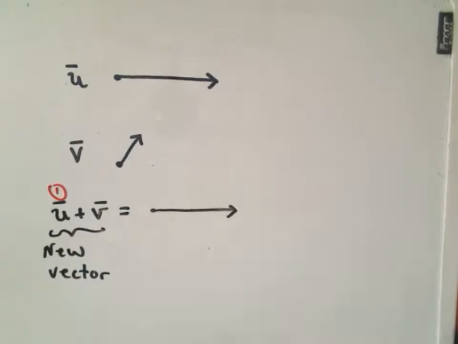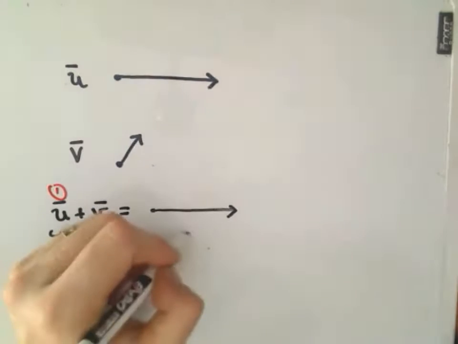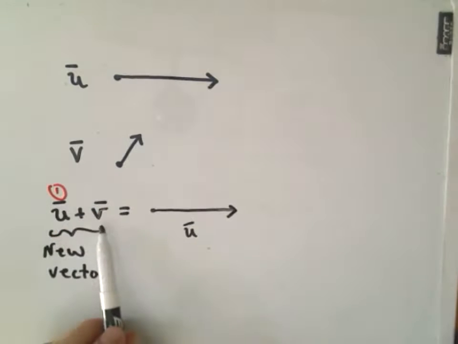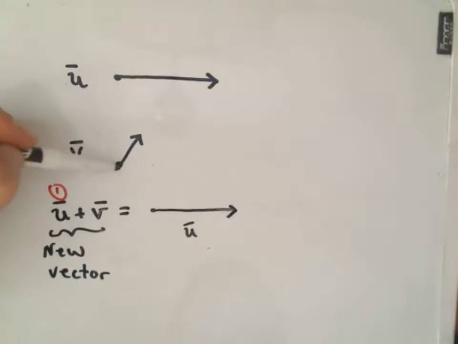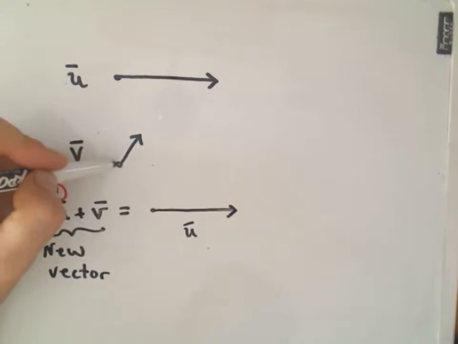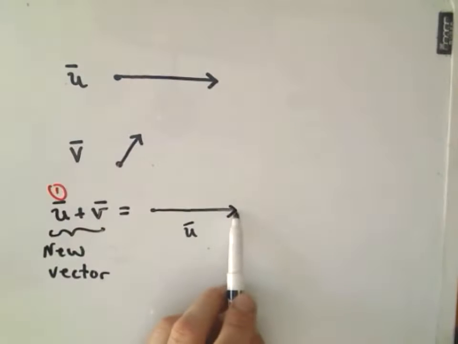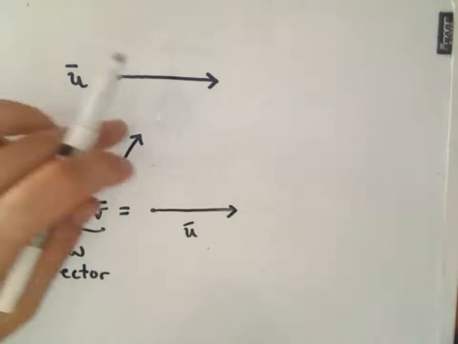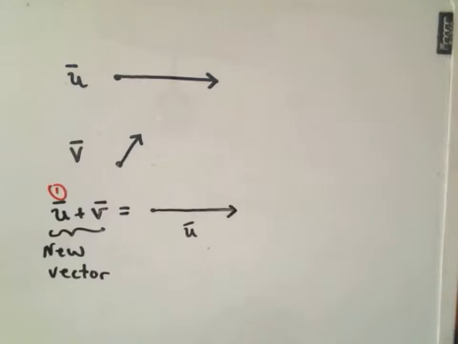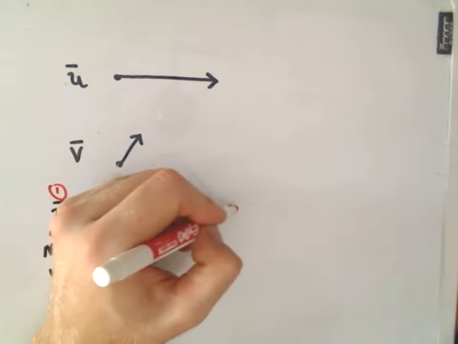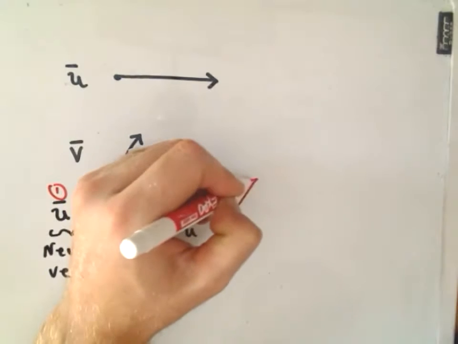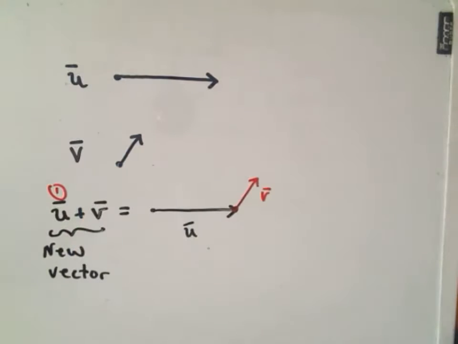Okay, so again, forgive my poor artistry. So here's vector u. Now what we're going to do is add on vector v, and all we do is take the tail of v and glue it onto the tip of u. So here's vector v. I'm going to glue it on.